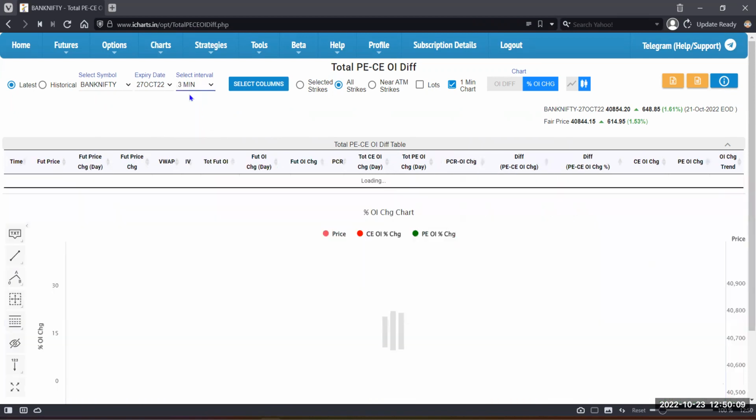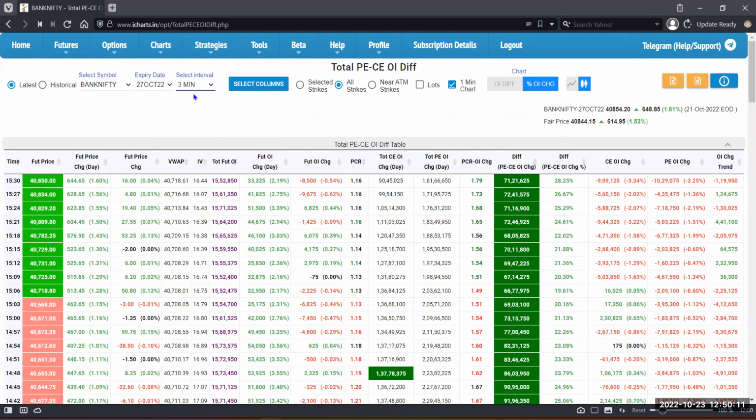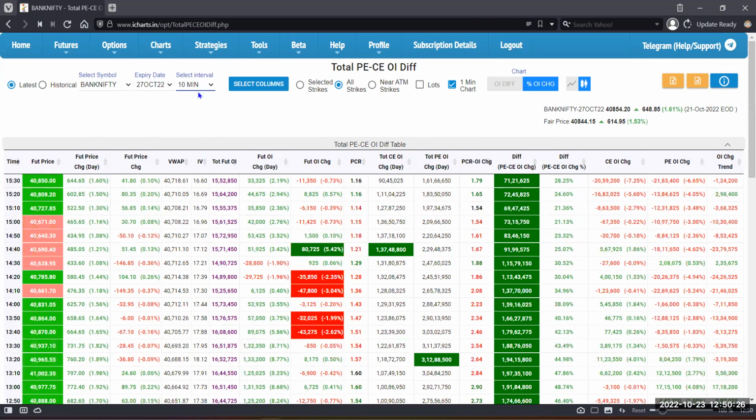Just looking at a single update, this would mean just using a single update, may not give you a good idea because every 3 minutes the buildup could change, and that would lead to confusion. So 10 minutes is a good time frame, as there would be 3 OI updates.